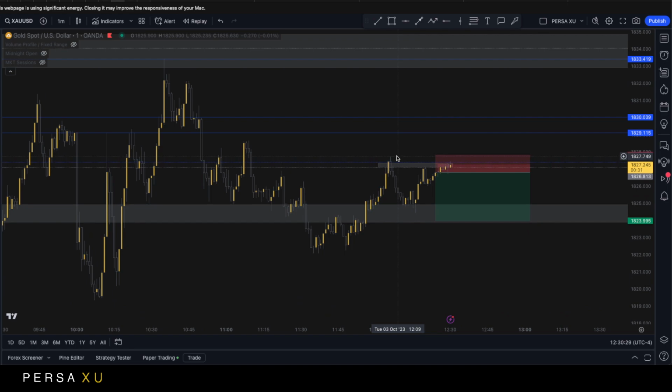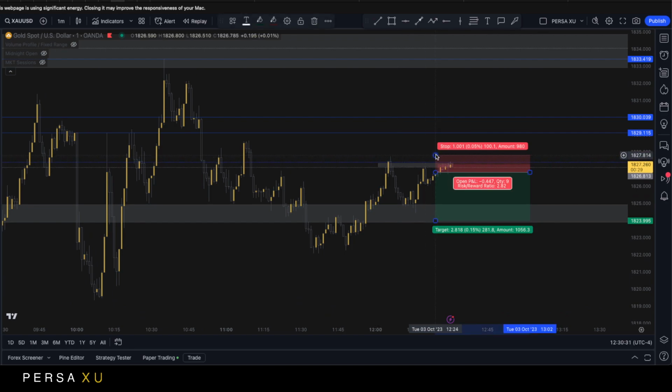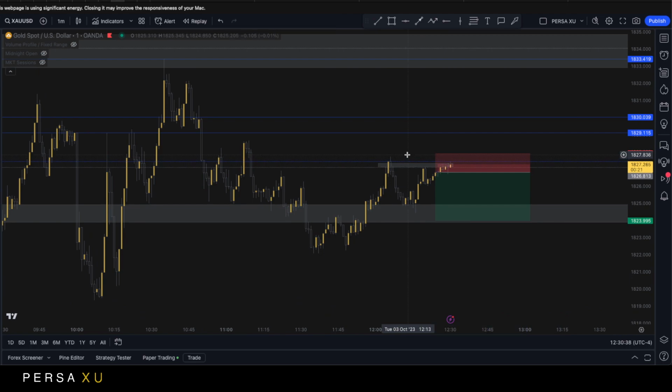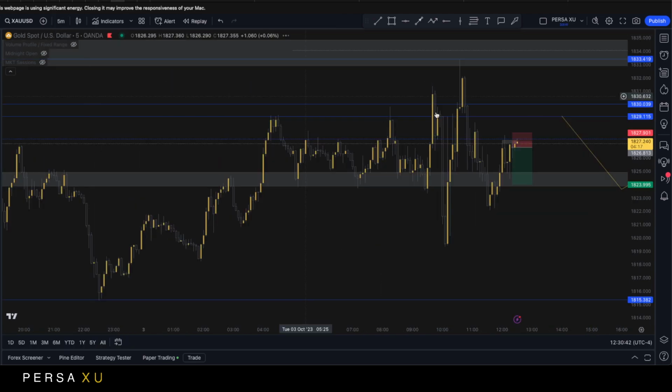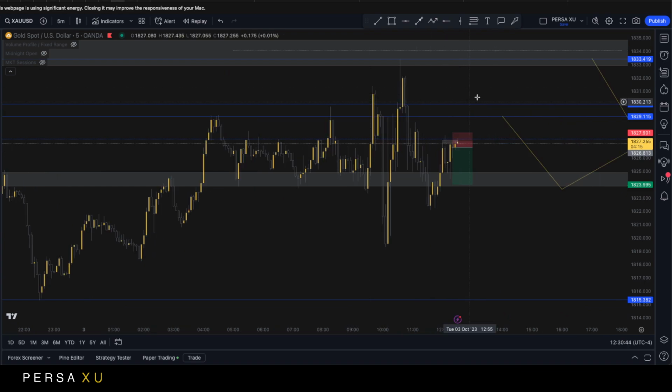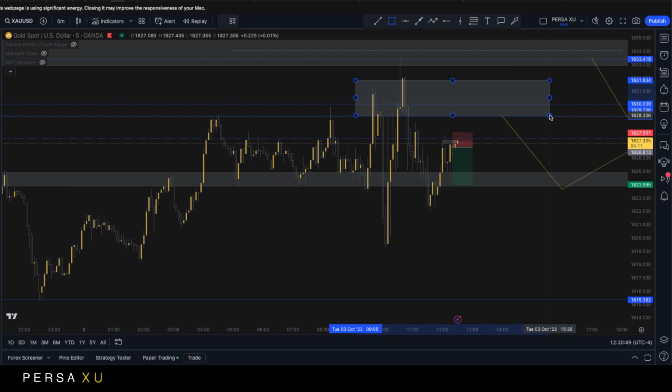So why am I putting it here? Because the market could respect that wick, make another wick, and the body close to the downside. Okay, anyway, 5 minutes. We want to study what the market does anywhere between these highs during 5 minutes.